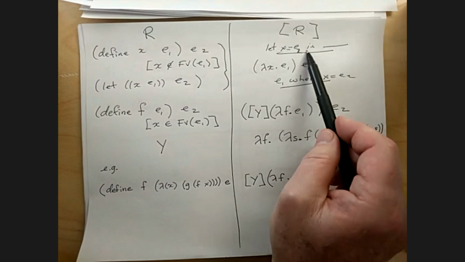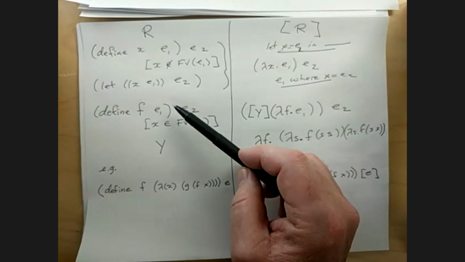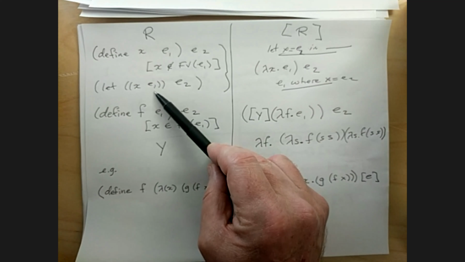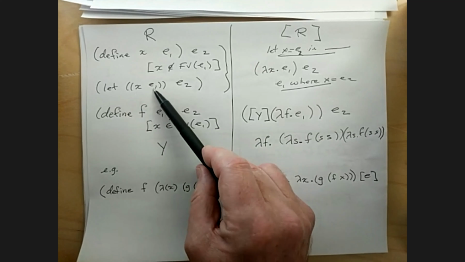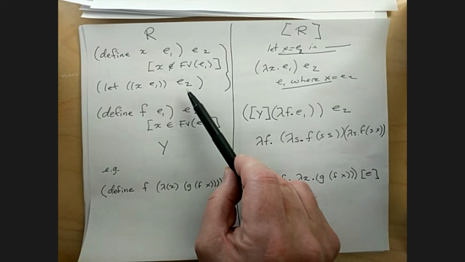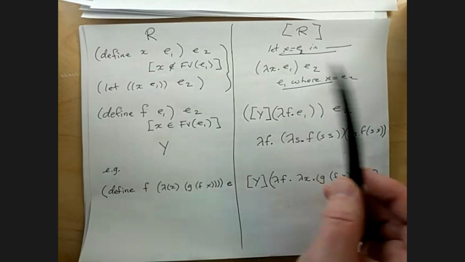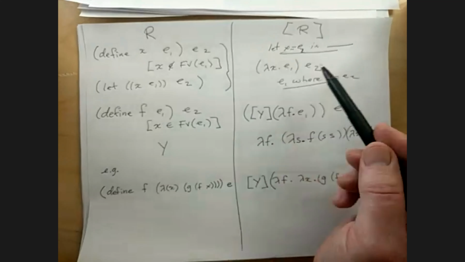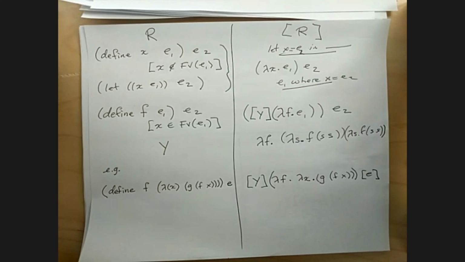And then this notation is basically this one, where we define X to be equal to E1 and we substitute E2 for X. Actually, this should be let X equal E1 in E2.